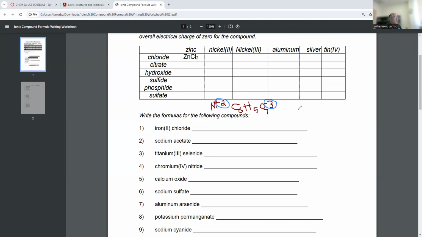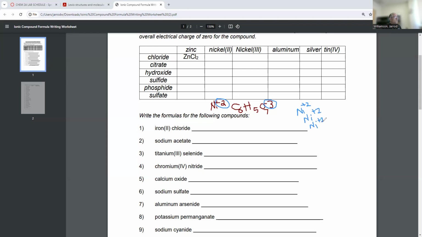So if I were to write that in this empty space here, I would need nickel +2, nickel +2, nickel +2.